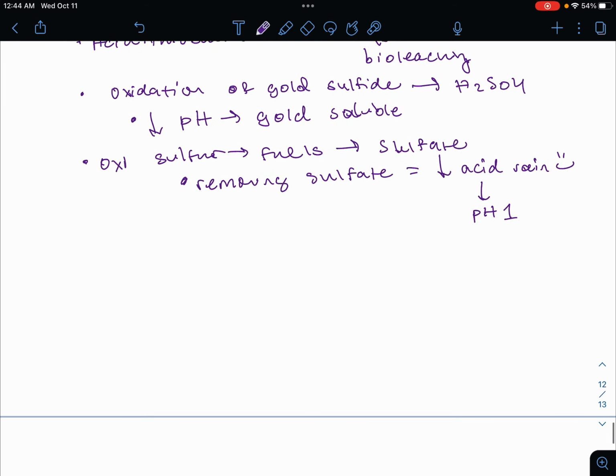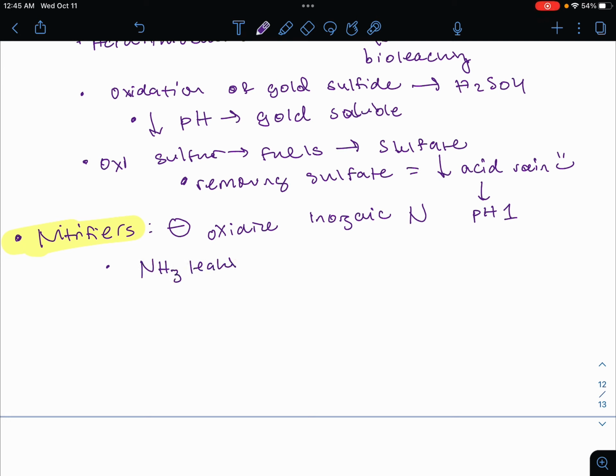In our aerobic chemolithotrophs, we also have nitrifiers. These are going to be gram-negative, and they're going to oxidize inorganic nitrogen. And that's going to be, of course, used for energy. There's a concern to farmers about ammonia leaking, or ammonium nitrogen should be more exact.